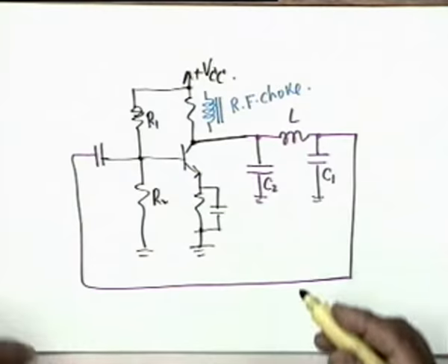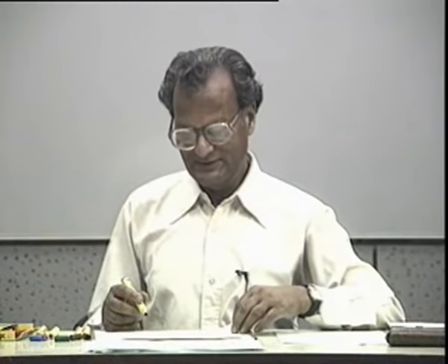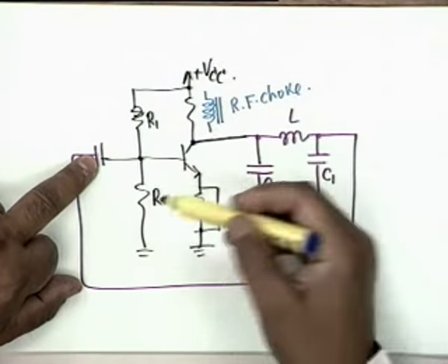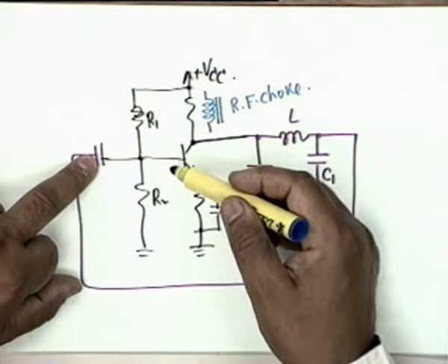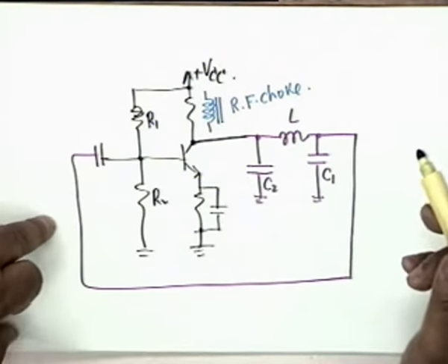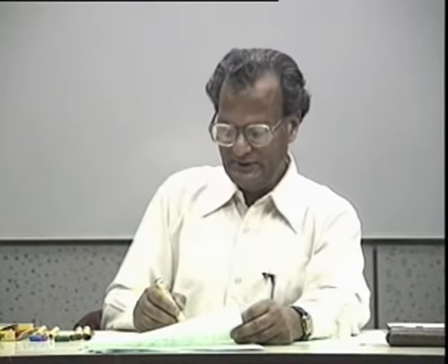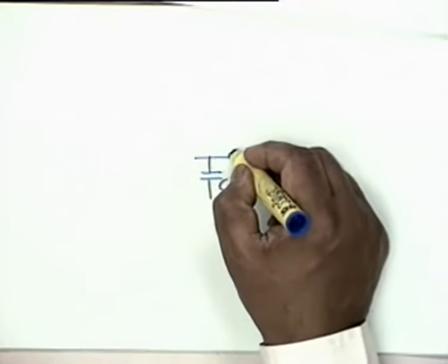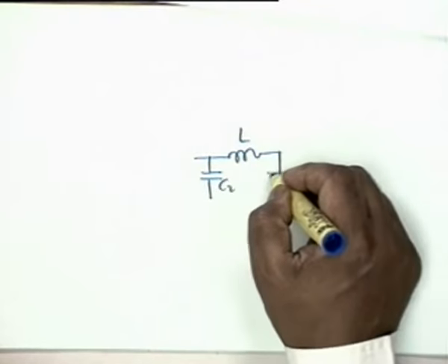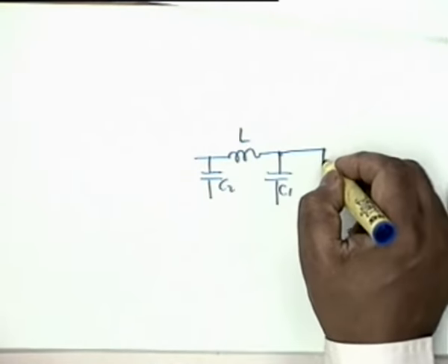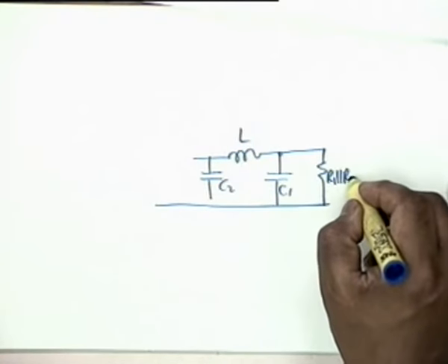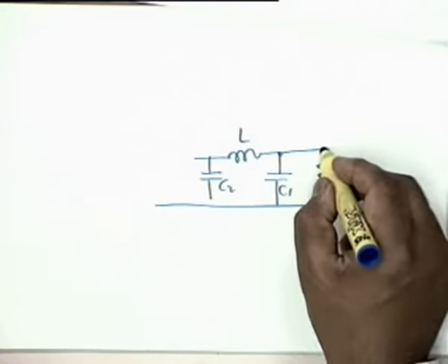Now, if I draw the equivalent circuit, this can of course be taken as short, but R1 parallel R2 parallel R pi, that is what will come, and therefore if you open the loop, you have C2, L, C1, then it should be terminated in R1 parallel R2 parallel R pi.